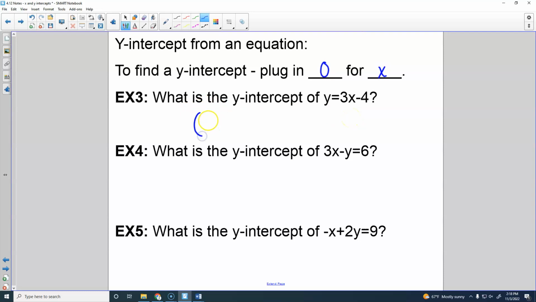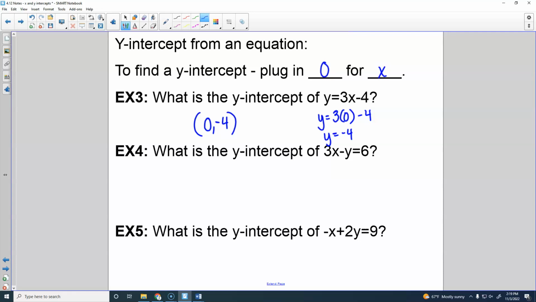And they probably want it as a point a lot of the time anyway, so it'd be 0, -4. But it's still true that to find a y-intercept, you plug in 0 for x. If I had done it that way, 3 times 0 minus 4, I would get that y equals -4, right? So I'd get that same value. But whenever it's already solved for y, you know what the y-intercept is.